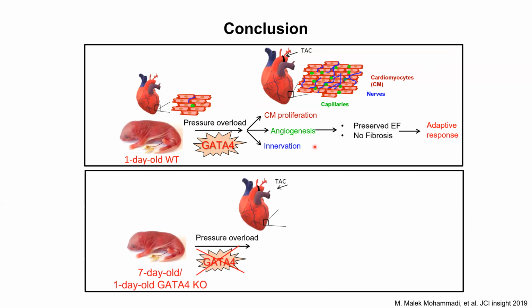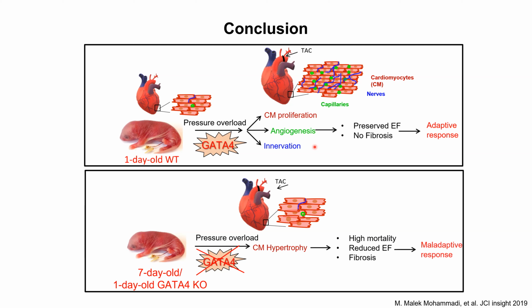But when pressure overload is induced in 7-day-old mice in the absence of GATA4, or in GATA4 knockout mice, pressure overload induces cardiomyocyte hypertrophy, which is leading to high mortality, reduced ejection fraction, and fibrosis. And this response is called a maladaptive response.